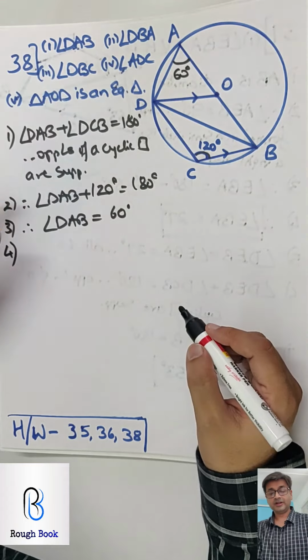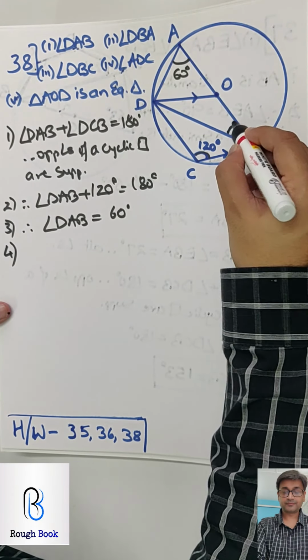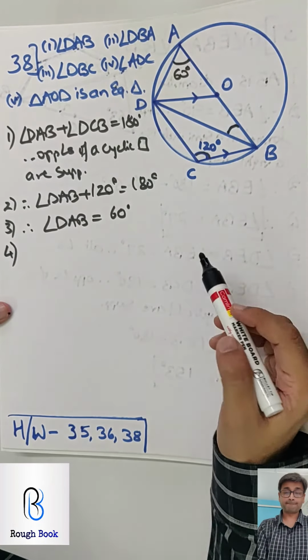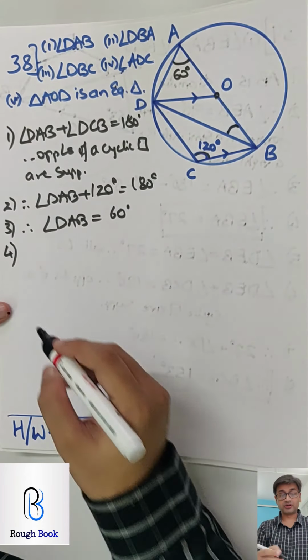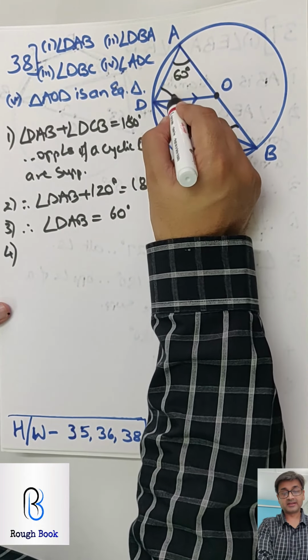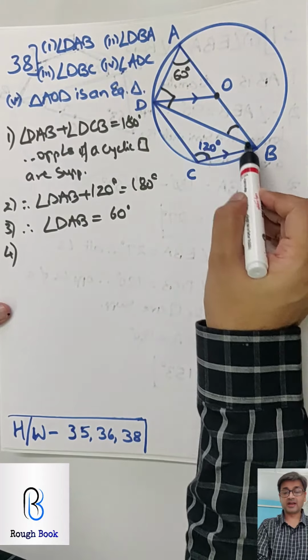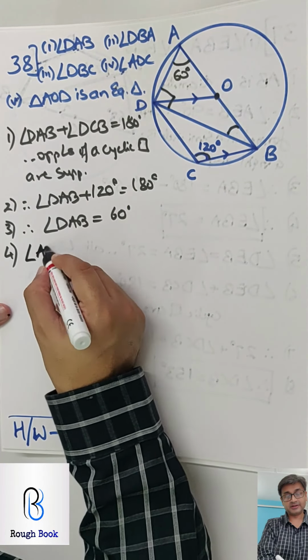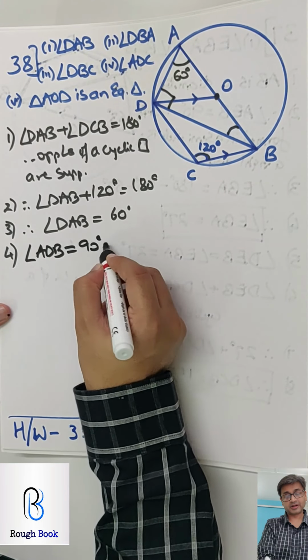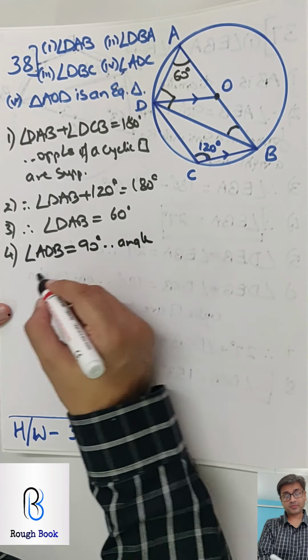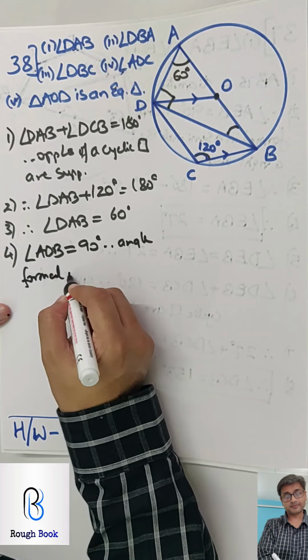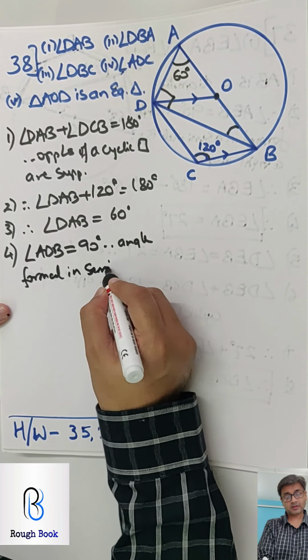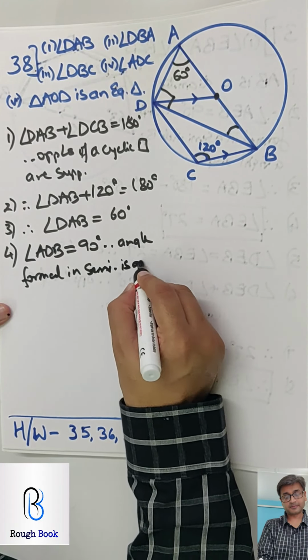Now further, DBA, which is here. How will you get DBA? So this is the center. I have given you the clue. Come on, pick it up. Yes, this is 90. So in this triangle, angle sum property, you can get this 30. So first say angle ADB equals 90. Angle formed in a semicircle is a right angle.